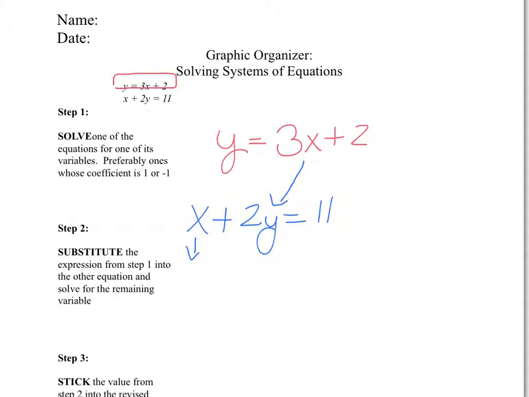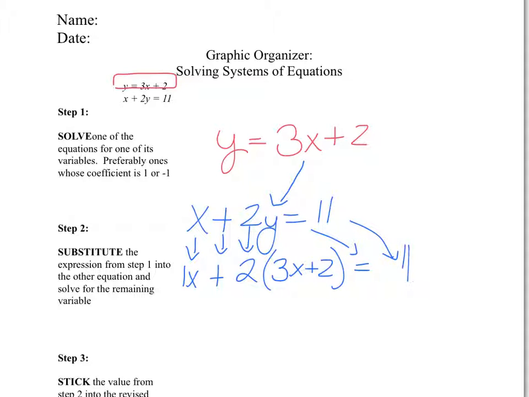So this 1x comes down, the addition sign comes down, the 2 comes down, the y comes out, and the 3x plus 2 goes in, the equal sign comes down, and the 11 comes down. Everything else just comes down.